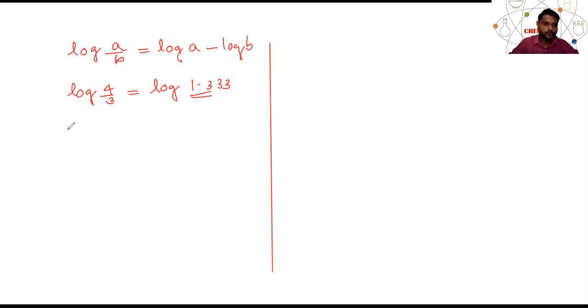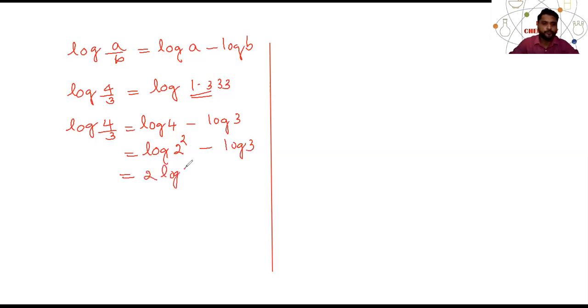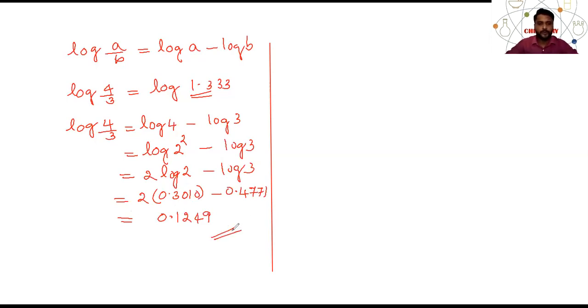So what I'll do, I'll go for log 4 by 3 equivalent to log 4 minus log 3, which is log 2 to the power 2 minus log 3, equal to 2 into log 2 minus log 3. 2 into log 2 is 0.3010 minus log 3, which is 0.4771, and finally the answer is 0.1249.